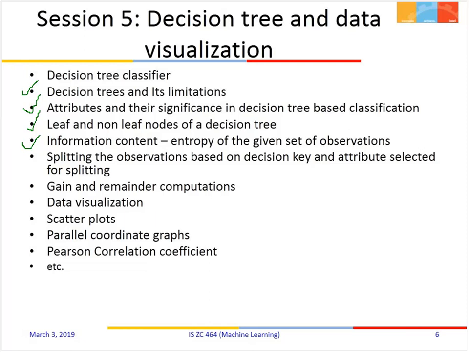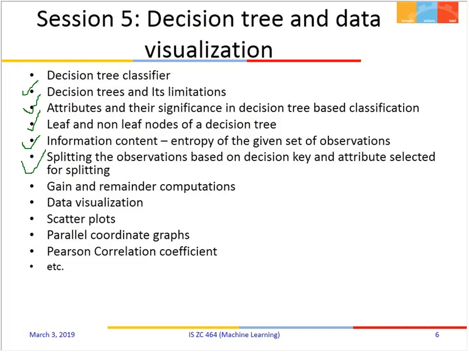Then you computed the total entropy or the information content. Then you looked at the attributes' splitting capability by computing the gain and remainder.